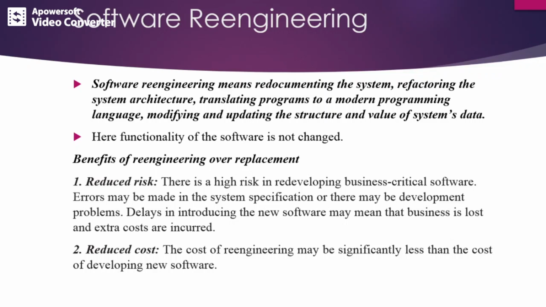And modifying and updating the structure and value of the system's data. Here you are modifying the structure and also changing the value of the system's data. But keep in mind, the functionality of the software is not changed. Data, everything is changed, but functionality remains the same.